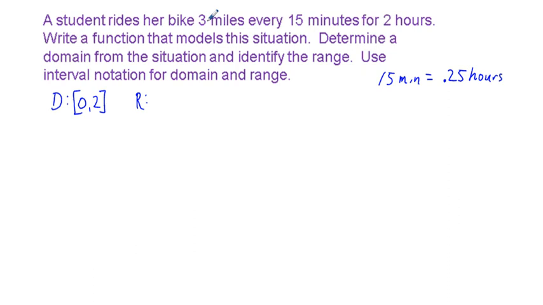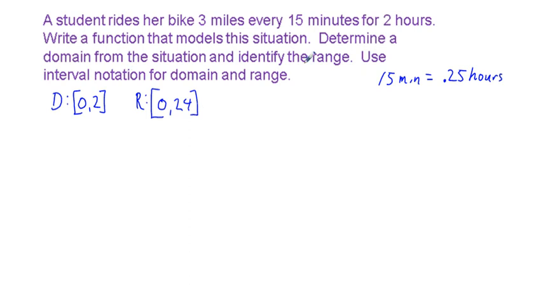So she's going to go 3 every 15 minutes, every 0.25 hours. So that's going to be 3 times 4 in 1 hour, so 12 miles plus another 12 miles. So she's going to go from 0 mileage to 24 miles within 2 hours.